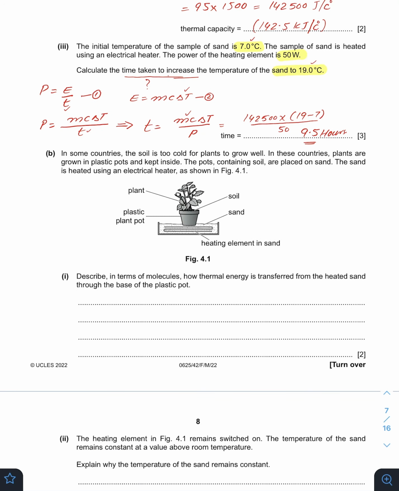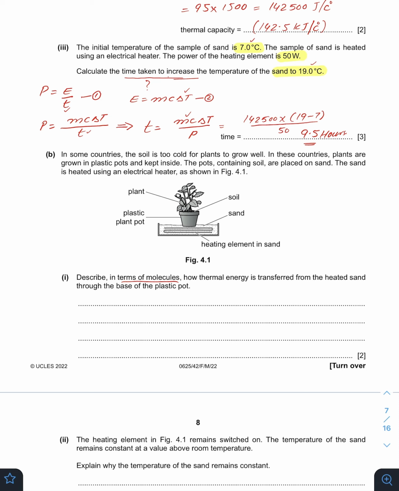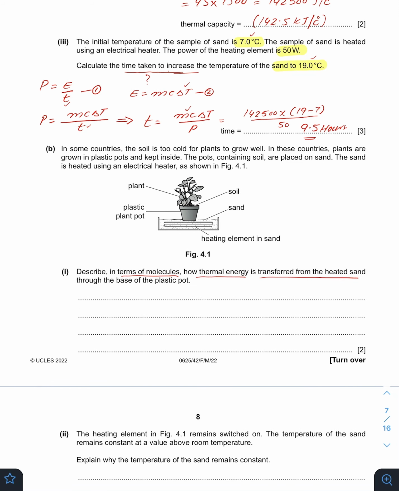The last part of the question: describe in terms of molecules how thermal energy is transferred from the heater, heating the sand, through the base of the plastic pot.